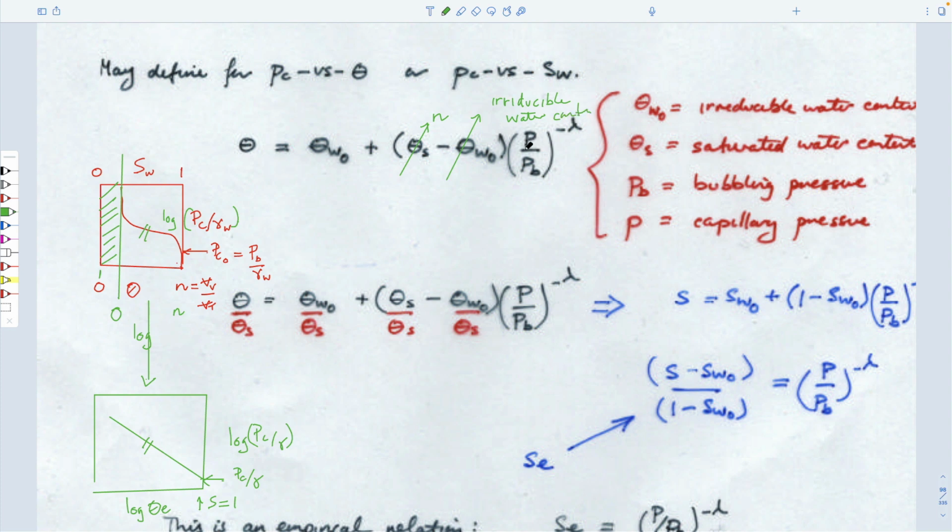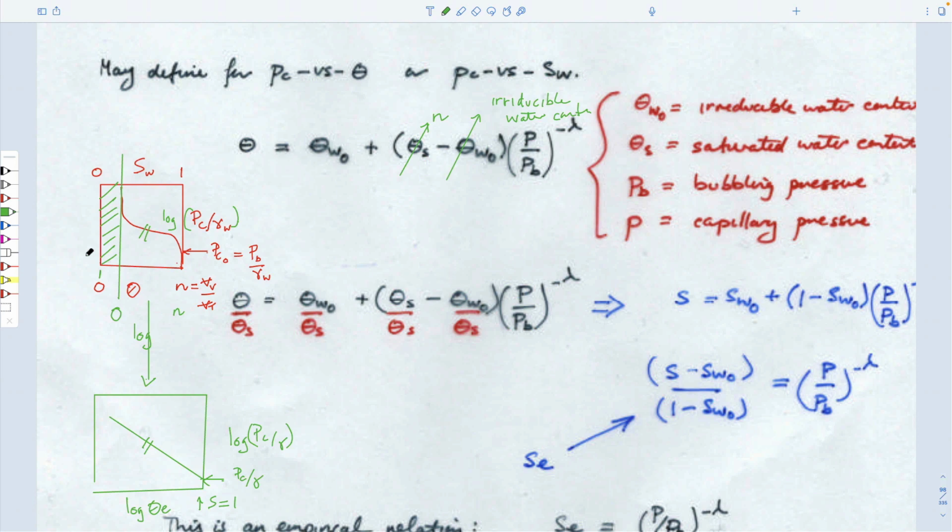And the ratio of the capillary pressure and the bubbling pressure. And so obviously, not obviously, but at this point here, this term would be PB over PB, so it'd be equal to 1. And this term here would be equal to the gradient.